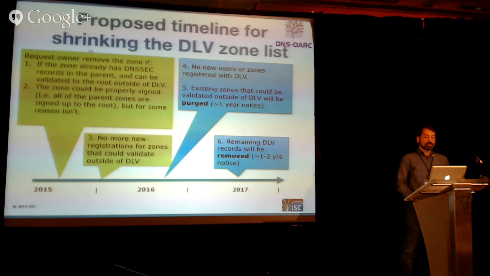And then mid-2017, we'll just get rid of everything with the idea that, yes, we are going to unfortunately screw some folks over, and we recognize that from the beginning. However, we believe that this is enough notice and enough time to push people towards doing the right thing that we can then get this out of the way. The dlv.isc.org zone will stick around forever so that there will be an answer for it, but it'll just be an SOA.